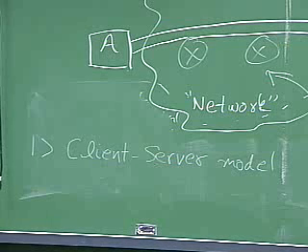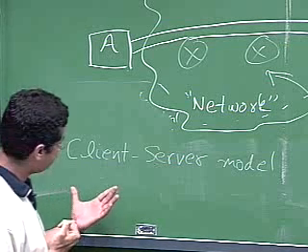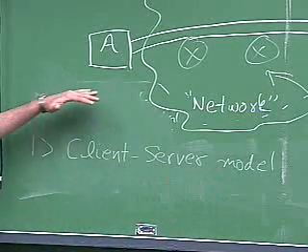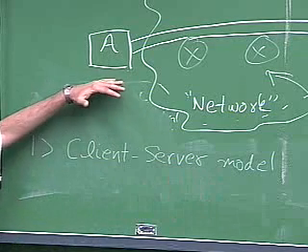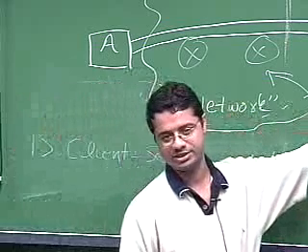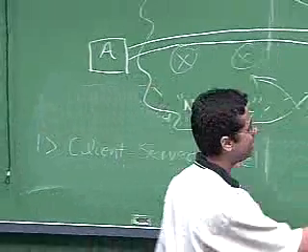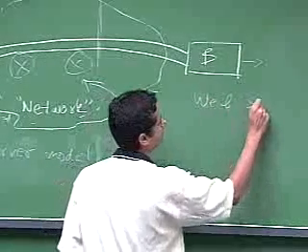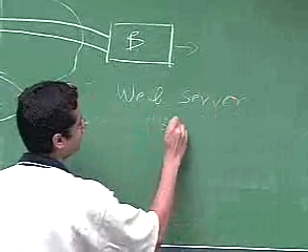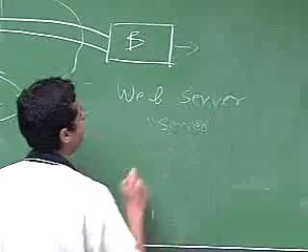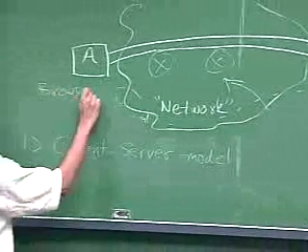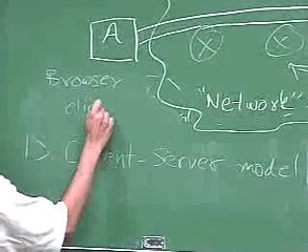So in the client server model, as the name implies, one node is going to be the client for information, and another node will serve that information. So the web server is the server, and the browser is the client.